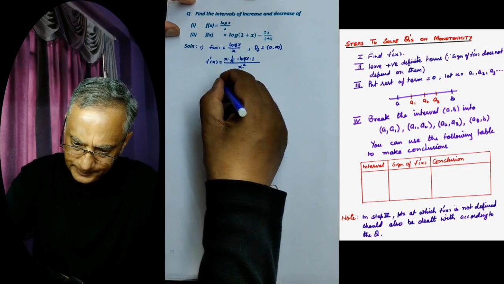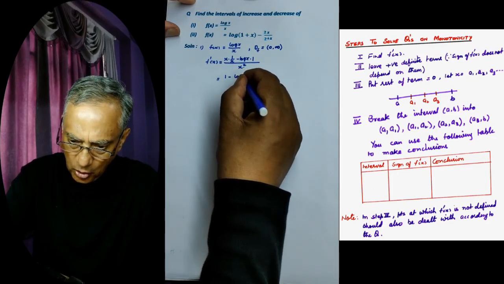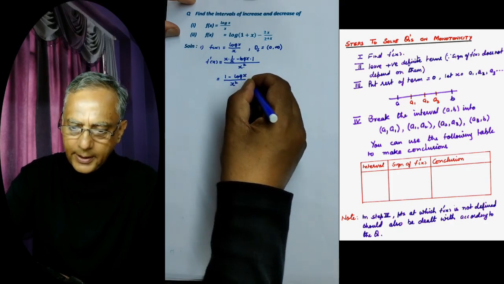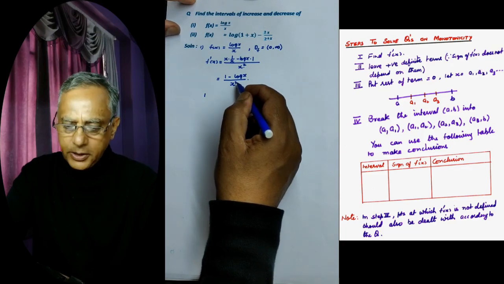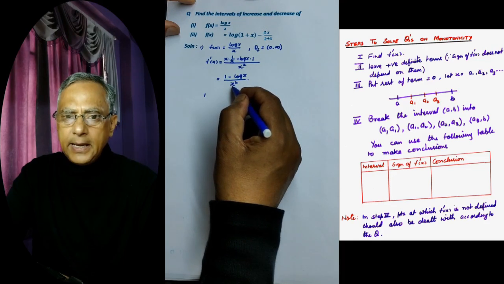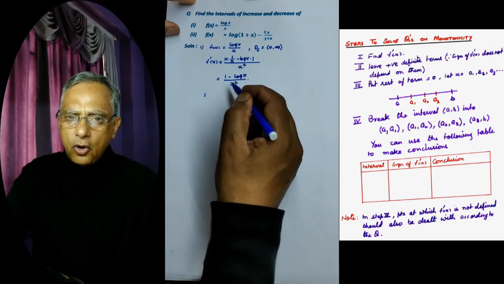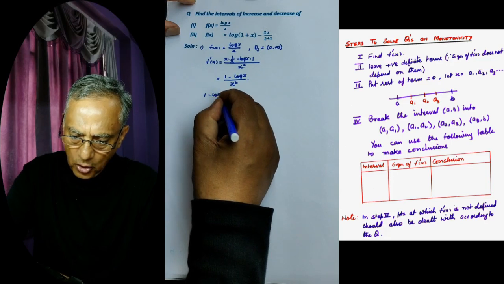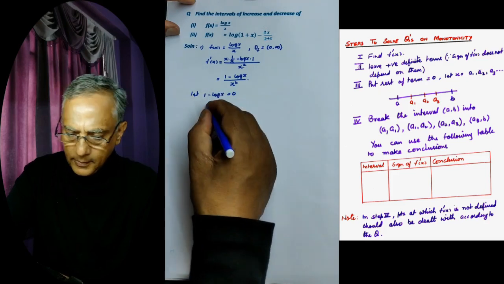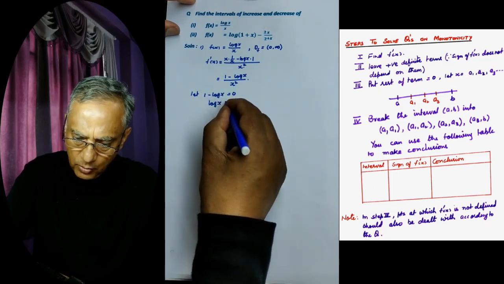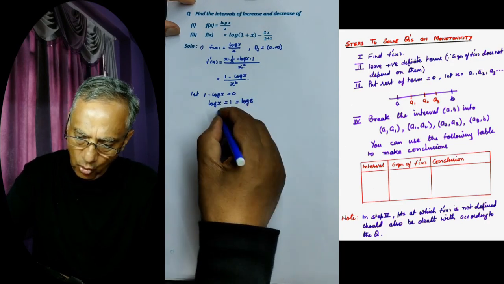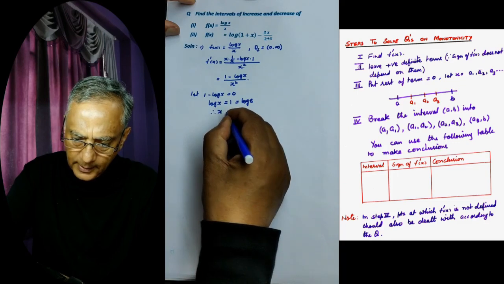So we have 1 minus log x whole divided by x square. There is only one positive definite term, that is x square. So the sign does not depend upon x square, and we are left with 1 minus log x. So put 1 minus log x equal to 0. So log x is equal to 1, which is log e. Therefore, x is equal to e.